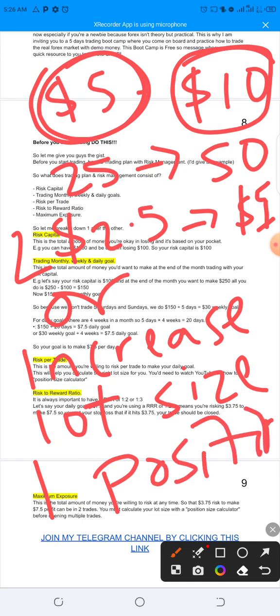I hope you're understanding. Because the stop is 25 pips. Remember, if you're not understanding pips, just change it to USD. You will see how much you are risking and how much you want to make. So this way you will be able to aim at your daily goal.